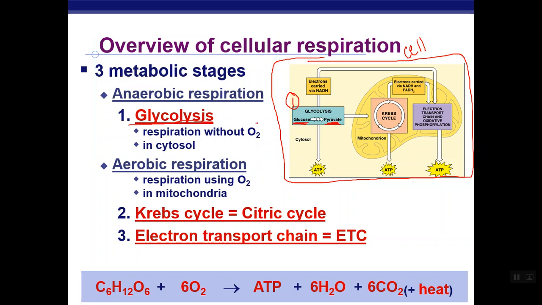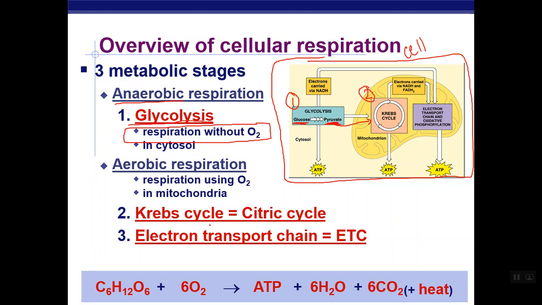And we do this without oxygen. This is called anaerobic, and we'll talk about that later. But then what happens is pyruvate will actually move into the mitochondria. This is the first time the mitochondria actually comes into play, right? Into something called the Krebs cycle.